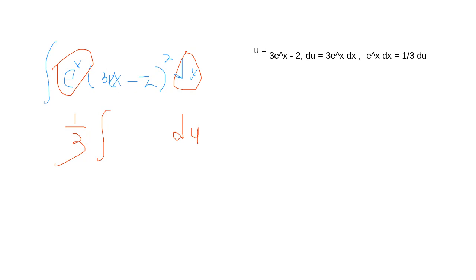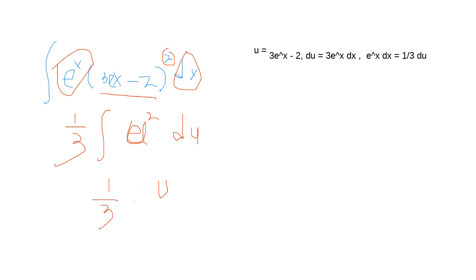And then the rest just becomes, so this guy 3e to the x minus 2, that's u, right? U raised by square. So that's u squared. So anti-differentiate this. We got 1/3. Oh, okay. Yes, we have twice 1/3.